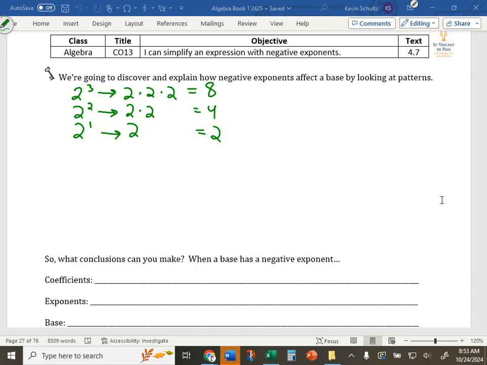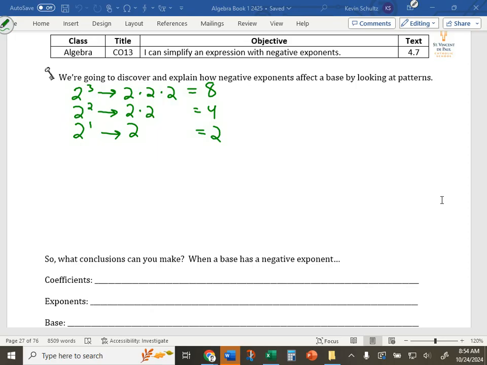Every time you take 1 away from the exponent, it goes down in what it equals. Okay, and how does it go down? Well, not really decreased by 2, because that would mean subtracting 2 each time. It gets divided by a half. Yeah, if we don't multiply by that extra 2, it gets cut in half each time, right? Half of 8 is 4, half of 4 is 2.